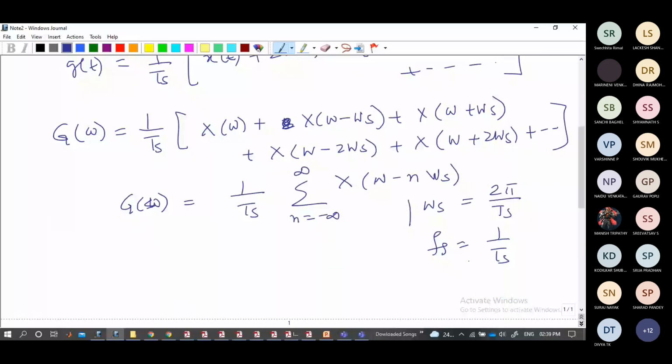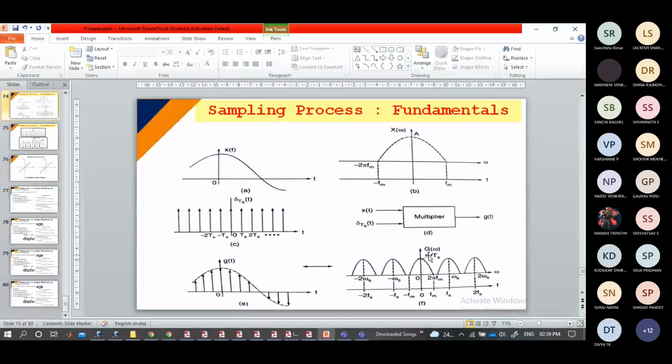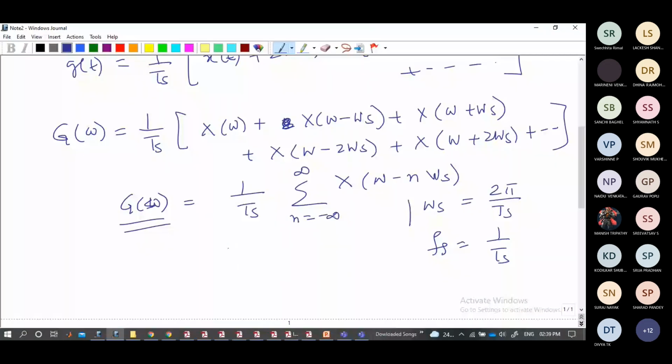Now, if we have to reconstruct xt from this G of omega, I think you have already seen this over here. This is basically the G of omega. I have just made the expression to find G of omega, and this is what is being plotted over here. If you want to reconstruct xt from gt, we have to extract X of omega from this G of omega.